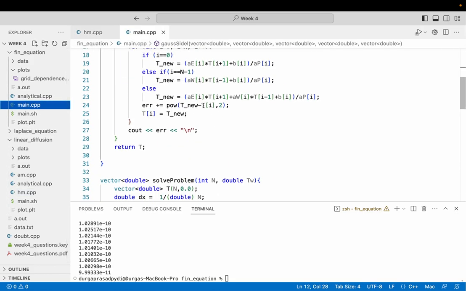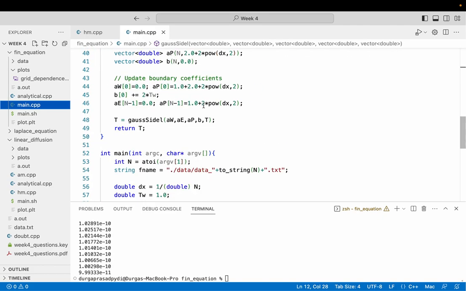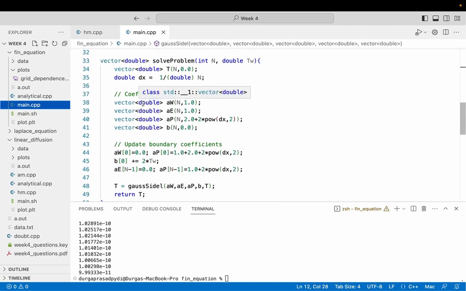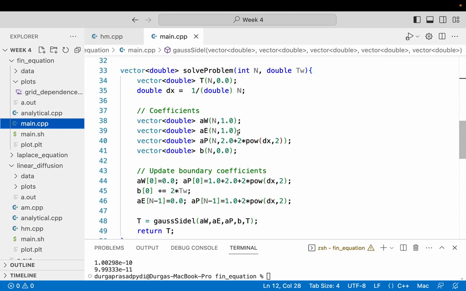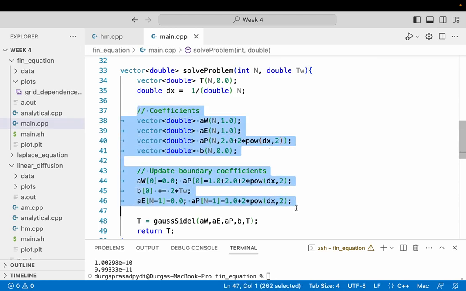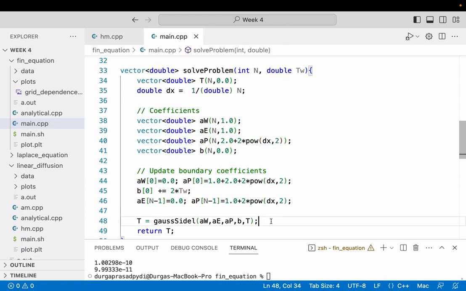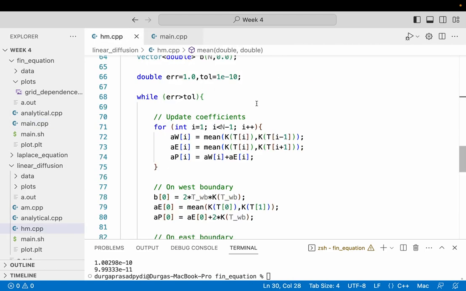If you were to see the previous question, inside this function all the coefficients are defined first, and once all the coefficients are defined, then you go and solve your Gauss-Seidel process. But when you have your coefficients as a function of temperature, the only difference is that you will update the coefficients as you solve your Gauss-Seidel method.